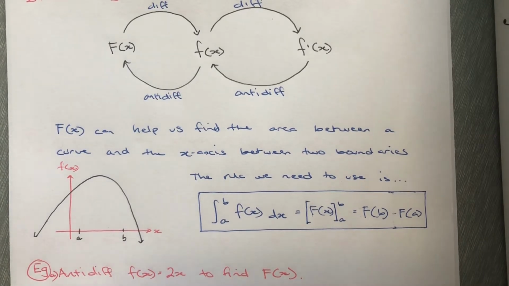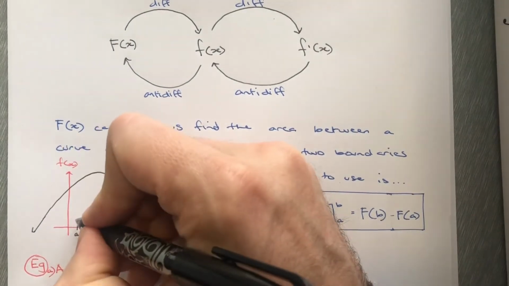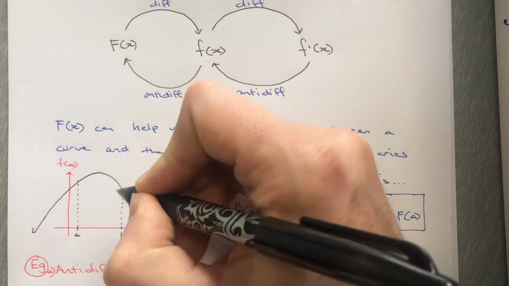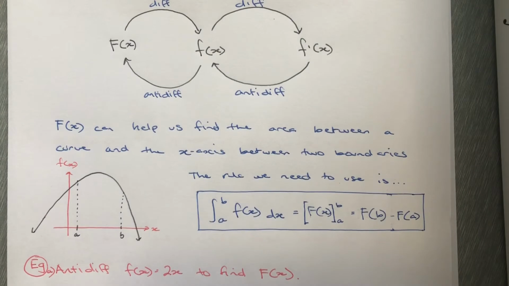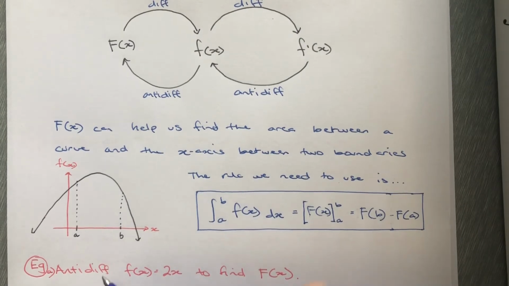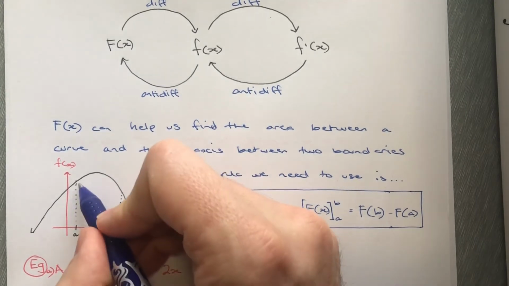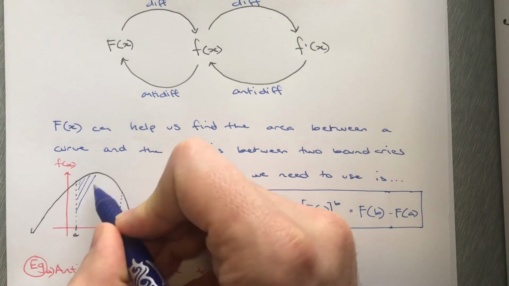Okay, so if I extend those boundaries up, I'll just do a little dotted line to show where they are. F of x is helping us find that area between the curve, which is this, and the x-axis between these two boundaries. So if I was going to color the area in, it's helping us find this bit here.